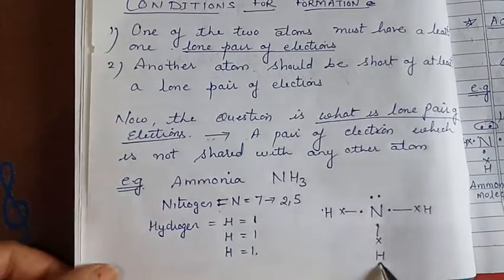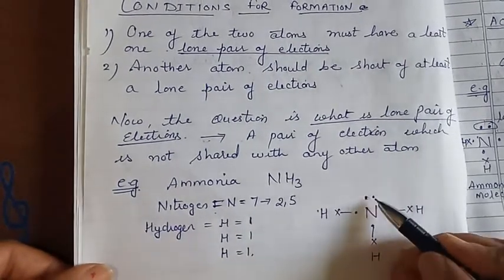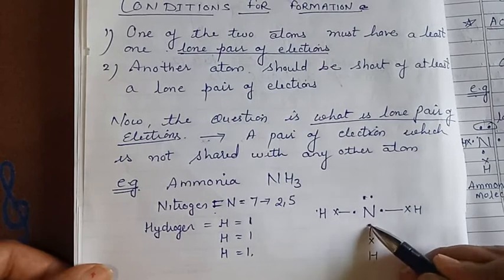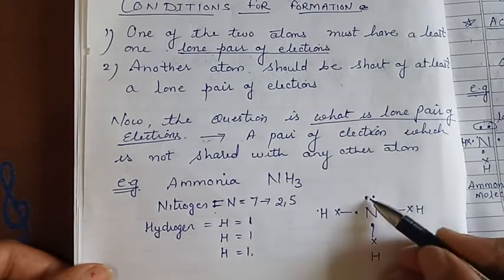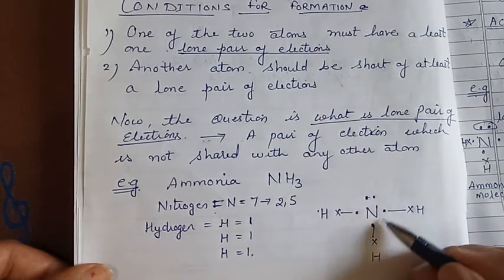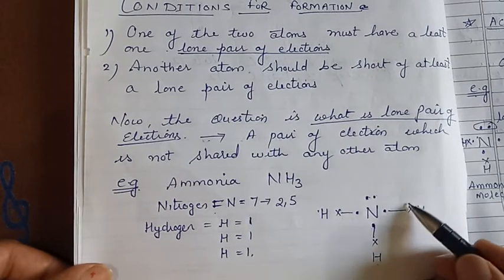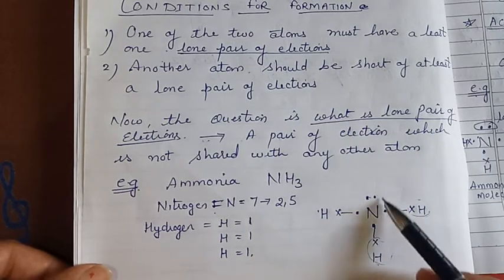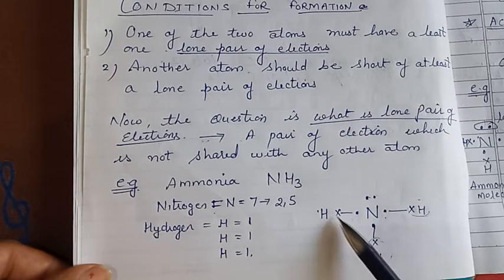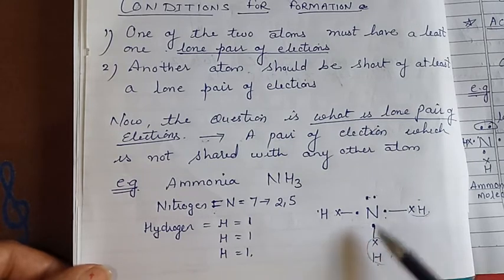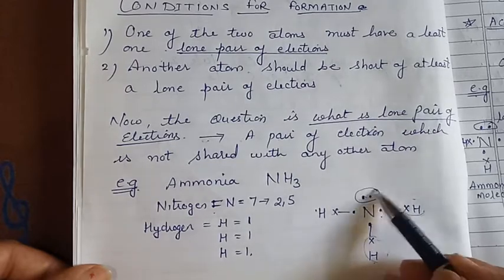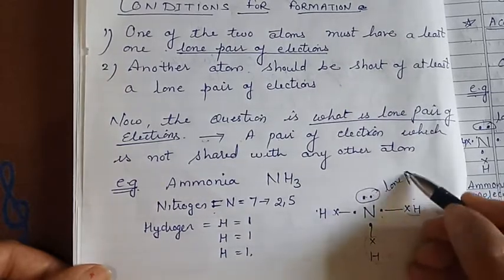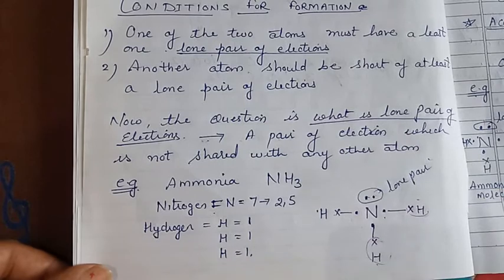In this structure, look here, I have shown this dark dot, that is the 5 valence electrons of the nitrogen, and this cross is shown for the hydrogen atom. So in the nitrogen there are 5 valence electrons and 3 hydrogen atoms each sharing 1 electron with the nitrogen, and there is one lone pair present in the ammonia.